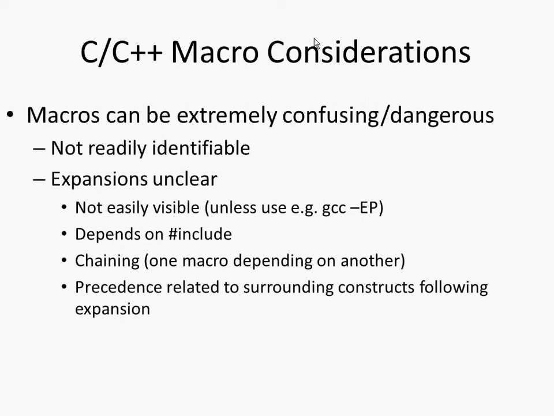You could say, for example, minimum of A comma B, and define it to be an expression: if A is less than B, then I give what? A, otherwise I give B.